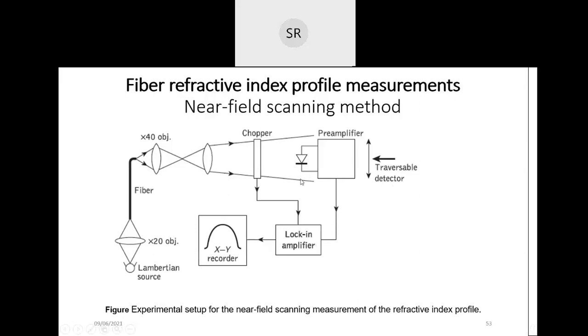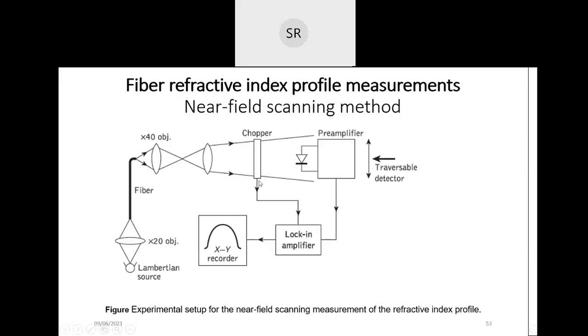and the traversable scanning takes place, so that it receives the signal. Then we use a preamplifier for amplifying the signal, and then we use a lock-in amplifier, and here we have used a chopper.